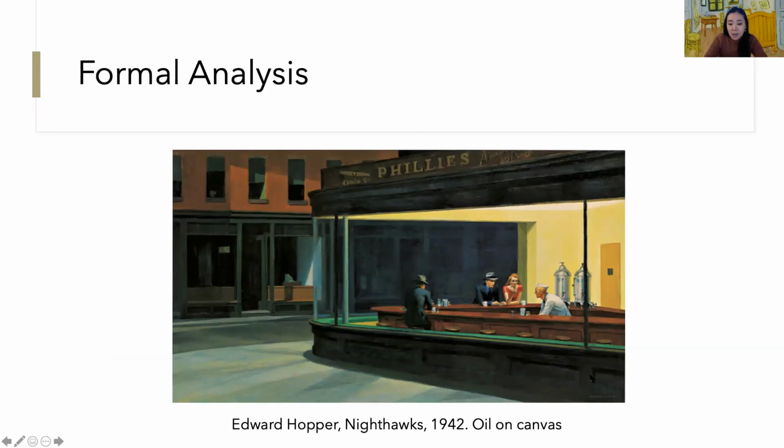When making a formal analysis of a two-dimensional work, such as this painting, the usual aspects you can consider are the locations of the objects, the colors used, and the relationships between the parts of the composition.